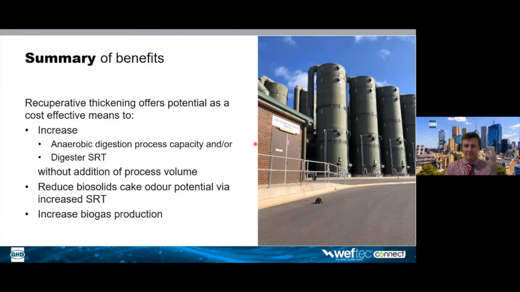And finally, there is evidence that if the implementation of recuperative thickening involves a significant increase in sludge age from a very low sludge age prior to the upgrade, then there may be a reasonable increase in biogas production realised as well.